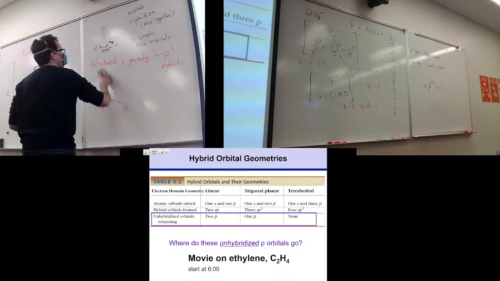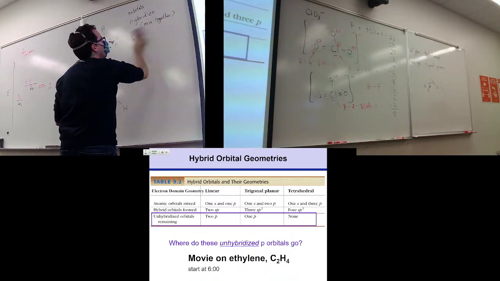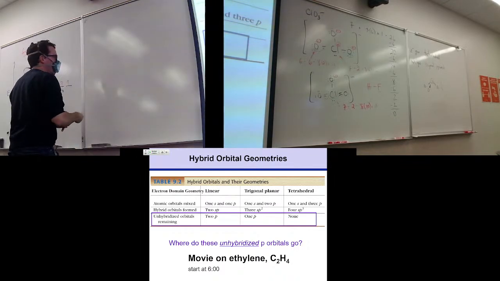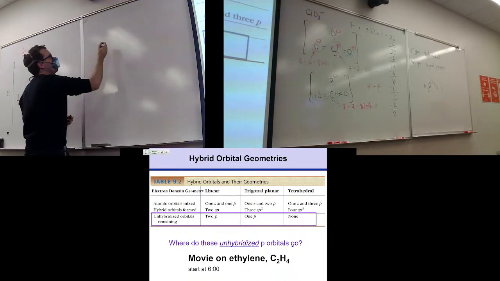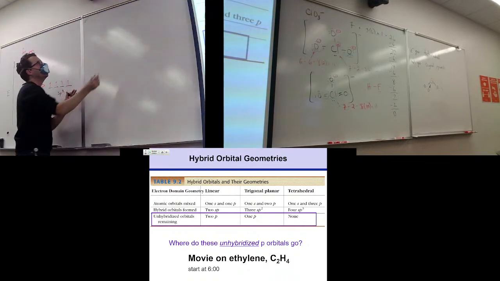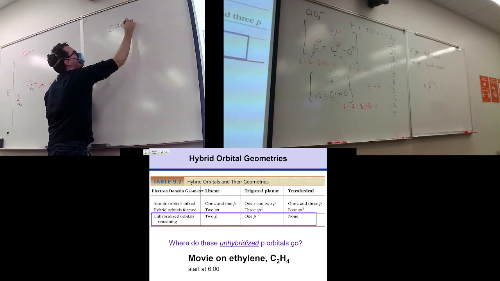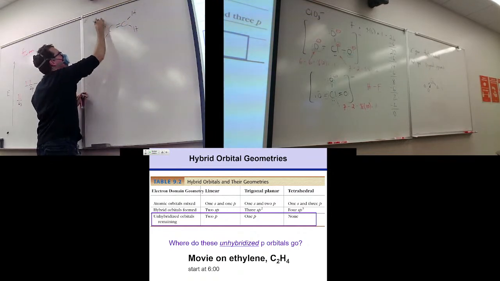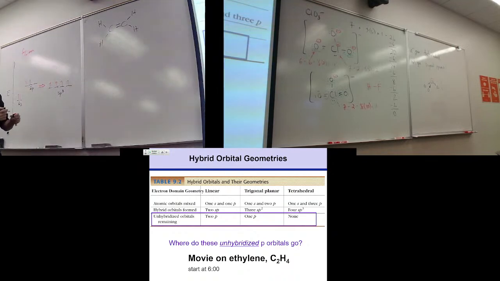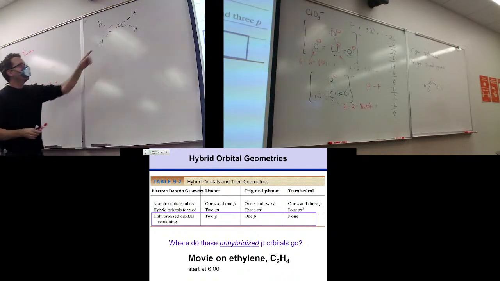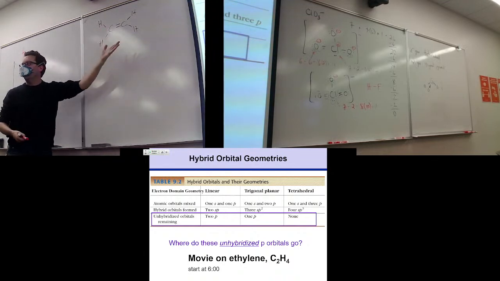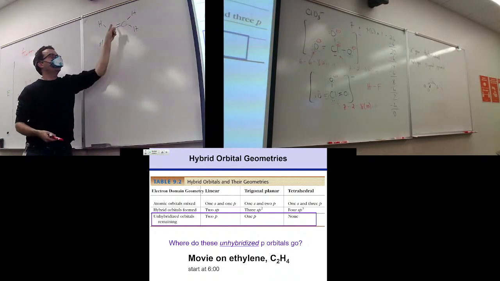And I'm going to draw this on the board. So with C2H4, I'm going to just draw the Lewis structure really quickly. It looks like this. It's a carbon with a double bond in it. And if you look at one of the carbons, there's 1, 2, 3 groups around that carbon. That's trigonal planar. Same thing with this carbon, trigonal planar.